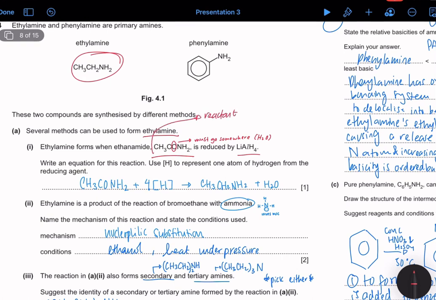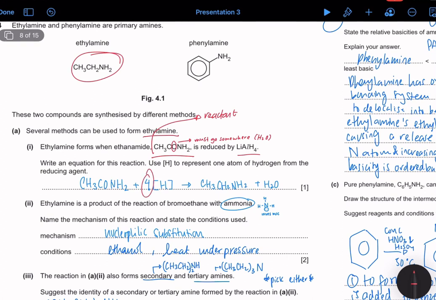As you can see, there's no O in your final product, so the O has to go somewhere, and that goes to water, H2O. So CH3CONH2 plus 4H gives CH3CH2NH2 plus H2O. Make sure to balance it with 4 hydrogen.